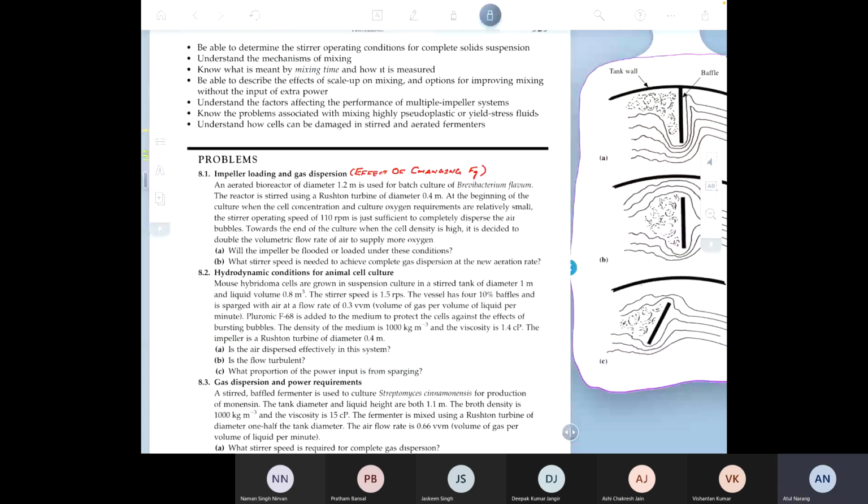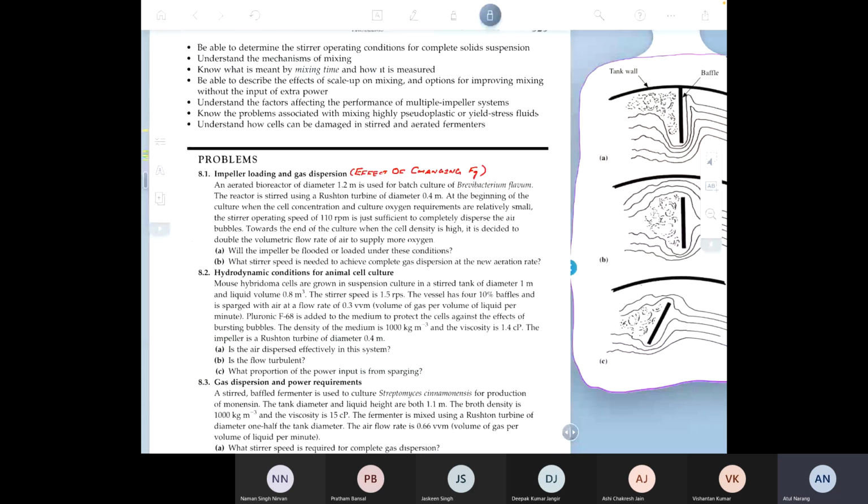And it might so happen that after the first 5, 7, 8 hours, the cell density becomes so high that the flow rate at which the sparger is delivering the air is simply not sufficient, right? Not sufficient for the high cell density that has now developed.